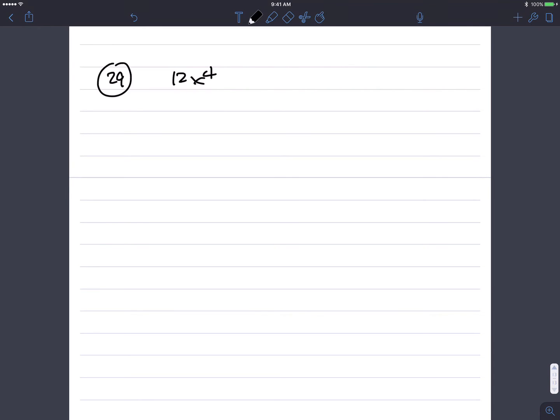So 29. Solve x to the fourth minus 68x cubed plus 40x squared. What's the greatest common factor? GCF. 12, 68, and 40. Is it 4?